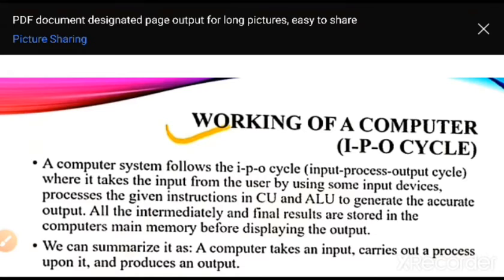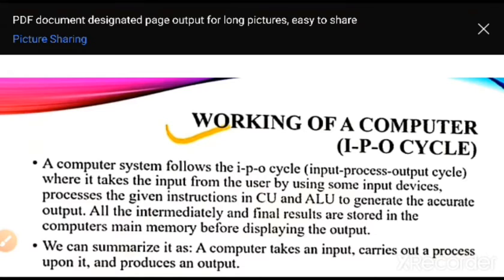IPO stands for input, process, output cycle. Whatever we enter into a computer is called input.